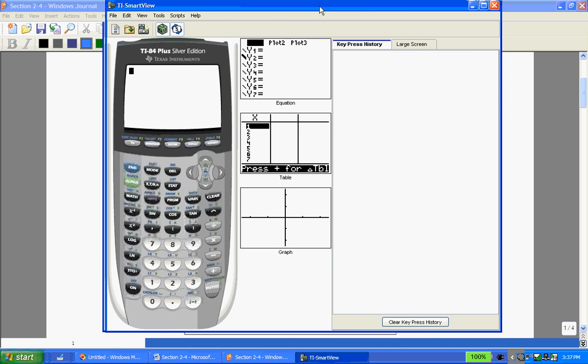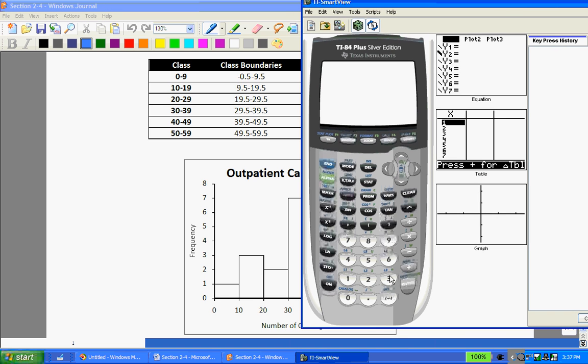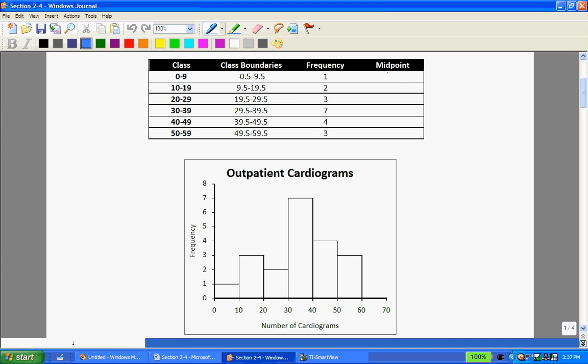So for that first class, I have negative 0.5 plus 9.5, which gives us just an even 9, divided by 2 is 4.5. So the midpoint for that first class is 4.5.